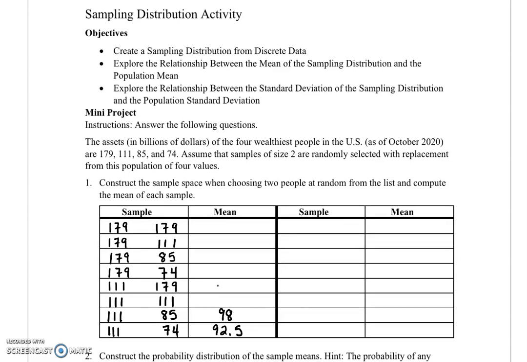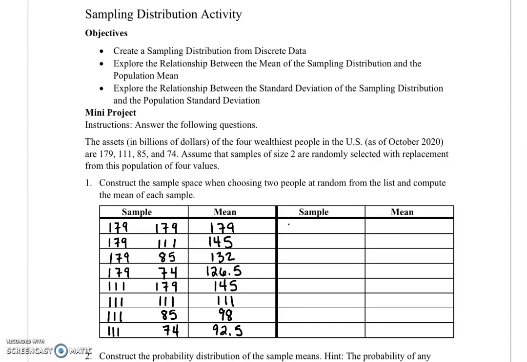Okay, I'm not going to show you all the rest in the calculator, but still going from bottom to top, we have 111, 145, 126.5, 132, 145, and 179.